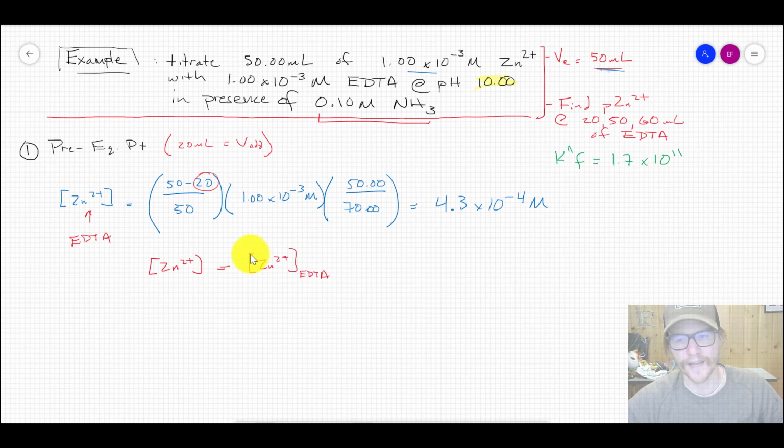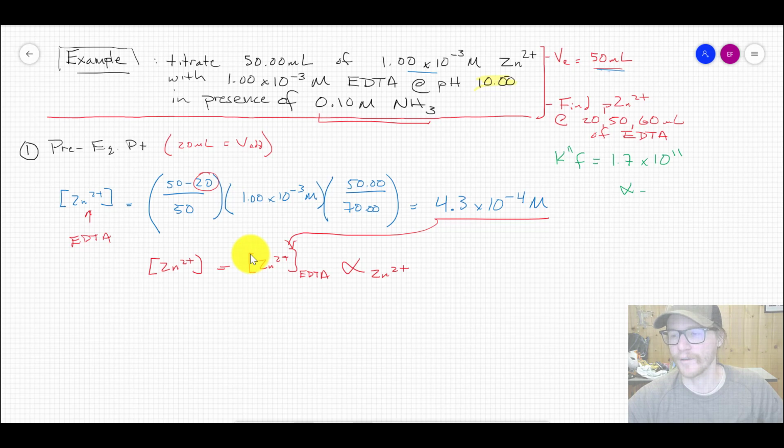That's this value. So the concentration after we've added 20 mils of EDTA will go in here, and then we need to multiply that by the fraction of zinc in the system based on the equilibria with the complexing agent ammonia. In this case, that fraction, which I deleted, is 1.8 times 10 to the minus 5.